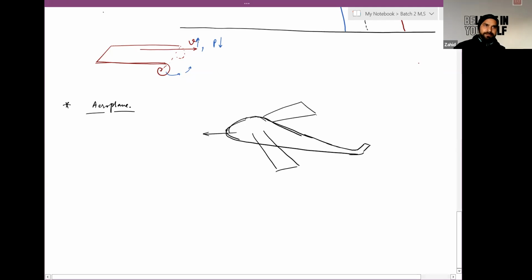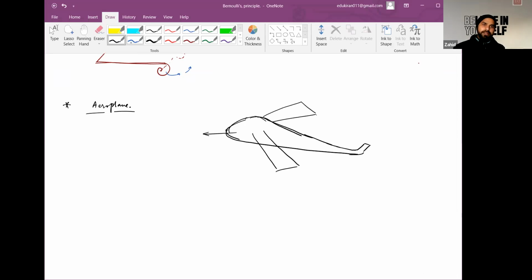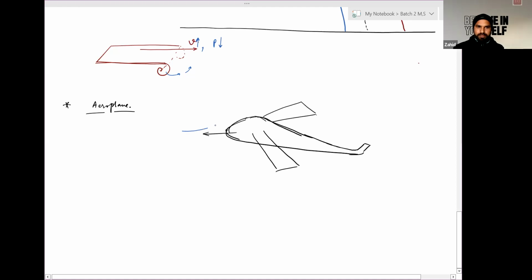Due to its movement, incoming air will move along its curvature like this, over its top surface, but at the bottom end, it may hit this particular surface and get stopped. Due to these two different behaviors, velocity at the top end will increase and velocity at the bottom end will decrease and tend to zero.